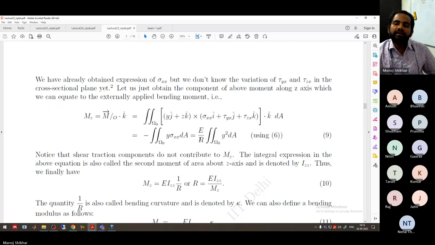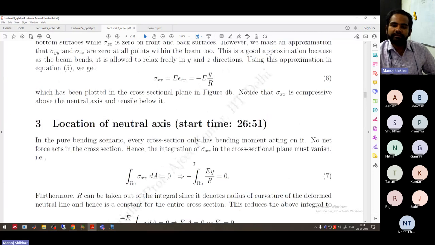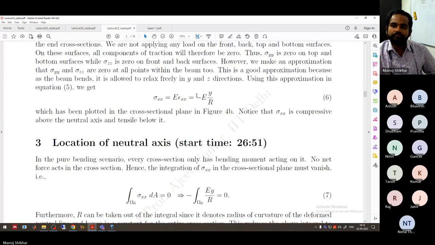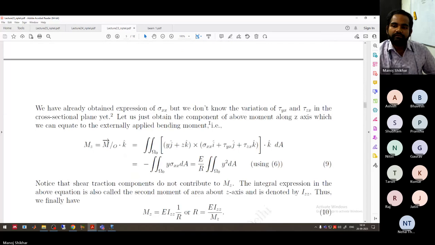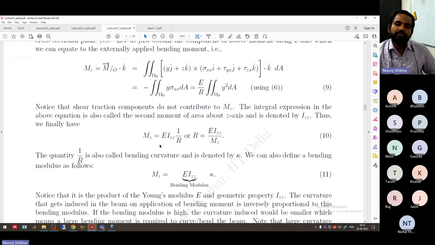Okay. We can substitute the sigma x value by using the formula we calculated here. Then we get mz equal to EIZZ into 1 by r.